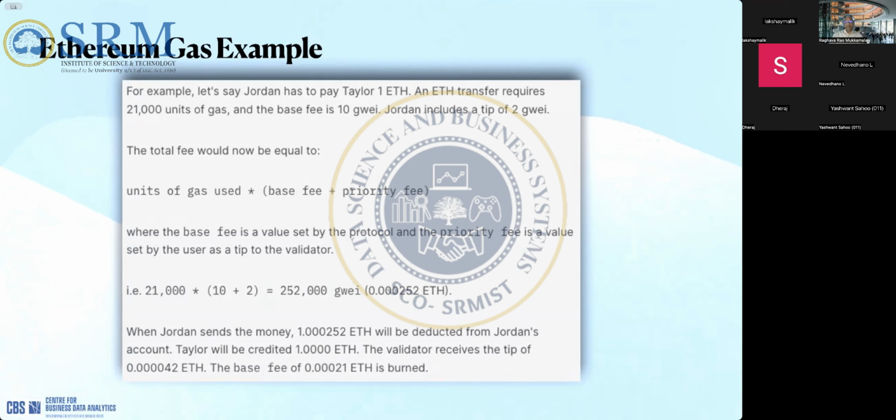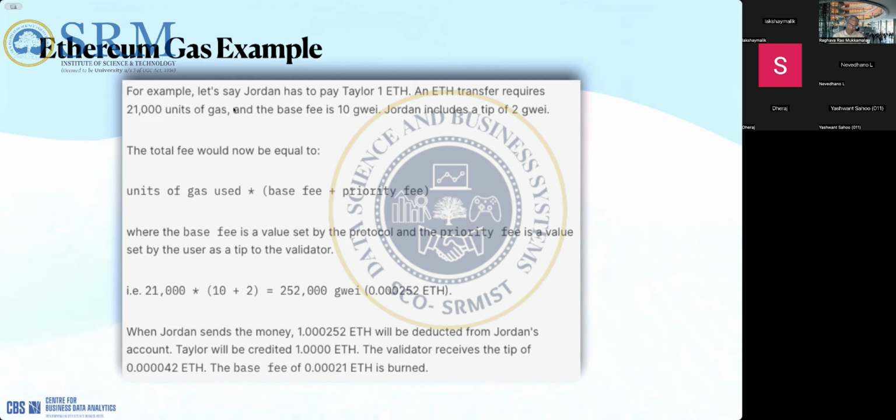Okay, so this is an example of the transaction fee. Let's say that Jordan has to pay Taylor 1 Ether. An Ether transfer requires 21,000 units of gas. This is nothing but the computational units. You can say that gas represents the computational work to be done.